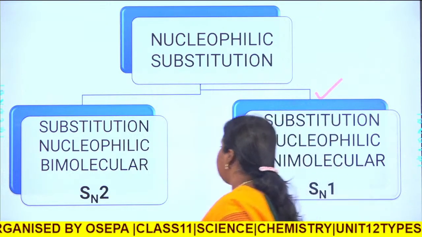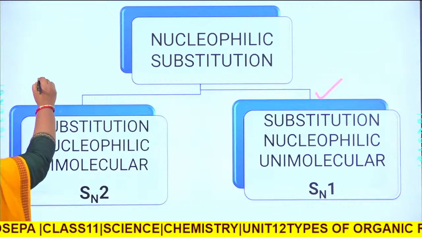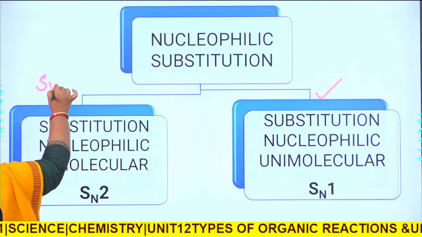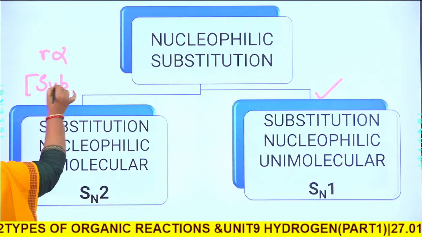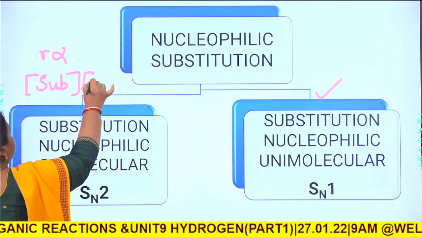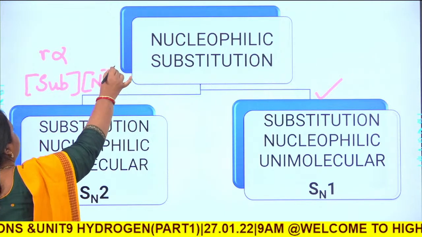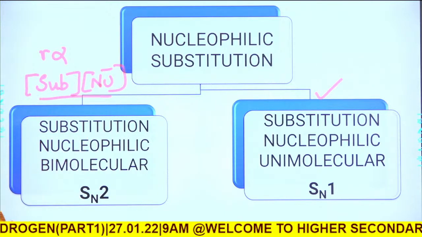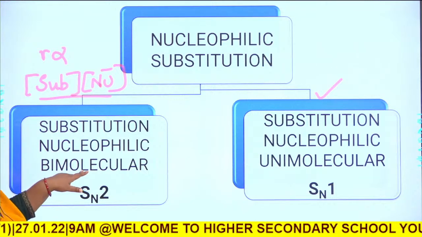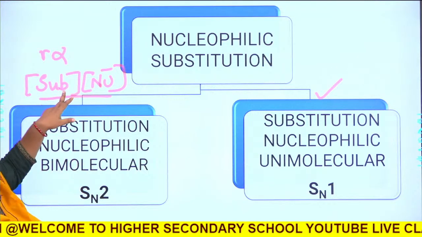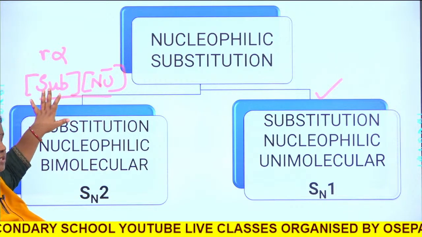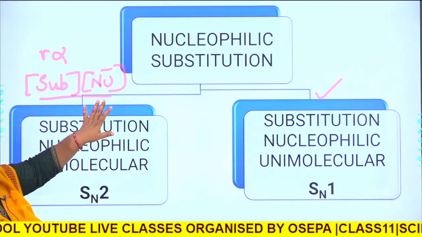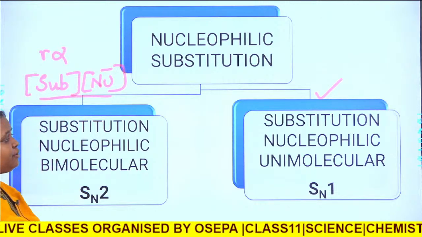So here, SN2 means the reaction rate is proportional to the substrate concentration as well as the nucleophile concentration. If the rate depends on both the concentration of the substrate as well as the concentration of the nucleophile, it is called bimolecular.